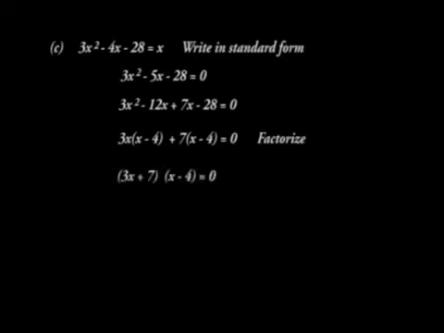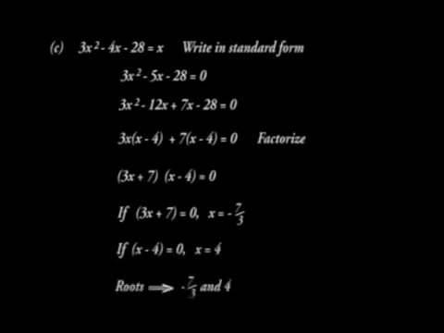Factorize 3x into (x minus 4) plus 7 into (x minus 4) is equal to 0. (3x plus 7) times (x minus 4) is 0. If 3x plus 7 is 0, then x is minus 7 over 3. If x minus 4 is 0, x is 4. Therefore, minus 7 over 3 and 4 are the roots of equation C.